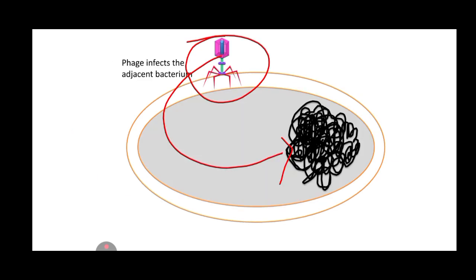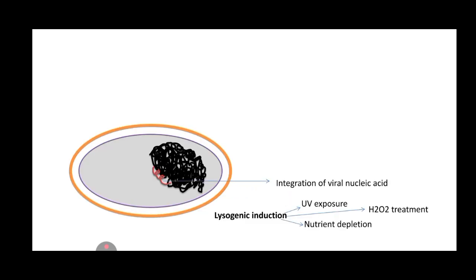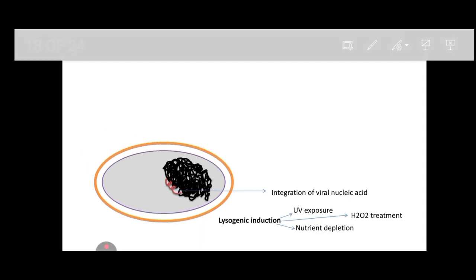Upon injecting the virus nucleic acid into the bacterial cell, this nucleic acid undergoes recombination in specific areas of the bacterial genome, and this is called site-specific recombination by the integrase enzyme, right?